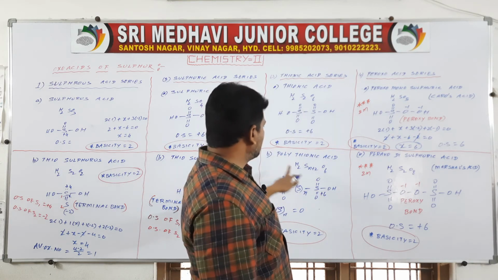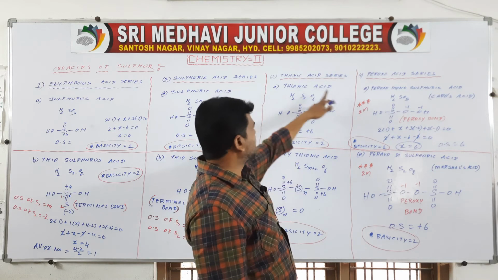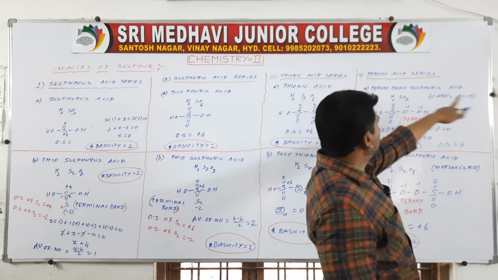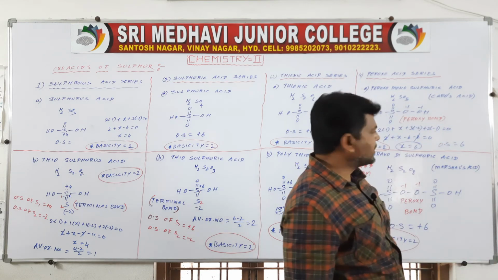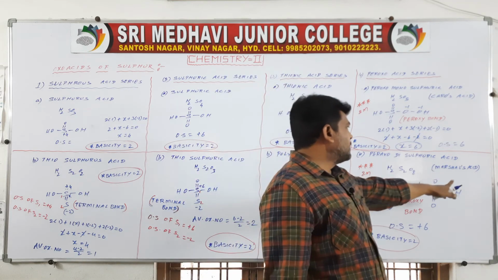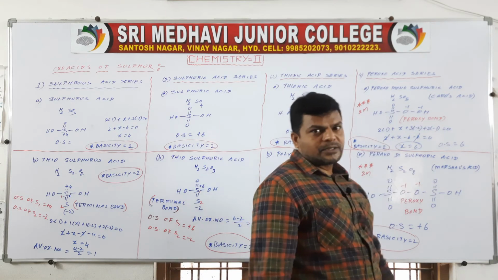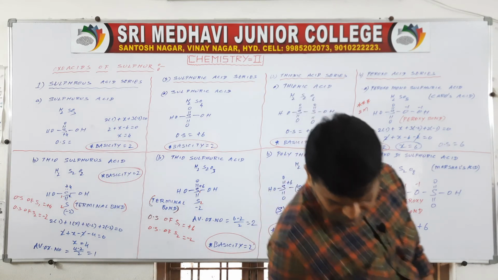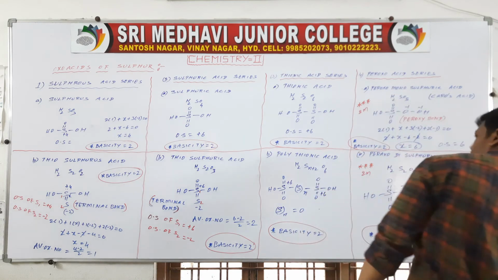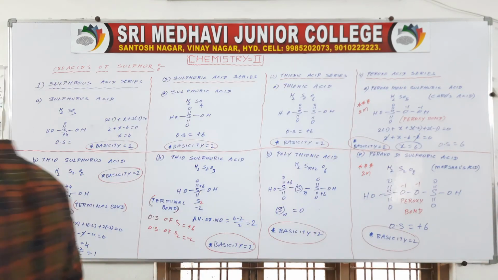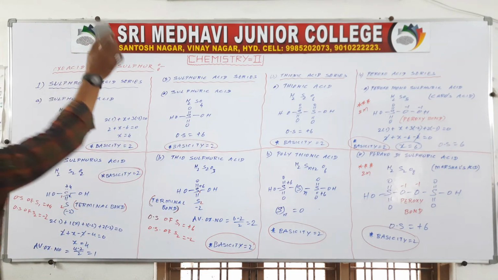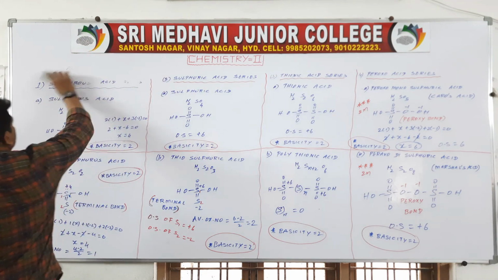It contains 2 series, polythionic acid and thionic acid. Peroxo acid series: peroxomonosulfuric acid, peroxodisulfuric acid. It is also called Marshall's acid, that is also called Caro's acid. This is briefly the oxo acids of sulfur.